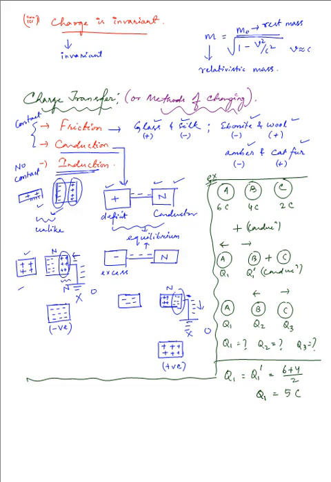What about q2? Well, q1 primed being equal to 5, it was in contact with that body C for some interval of time.